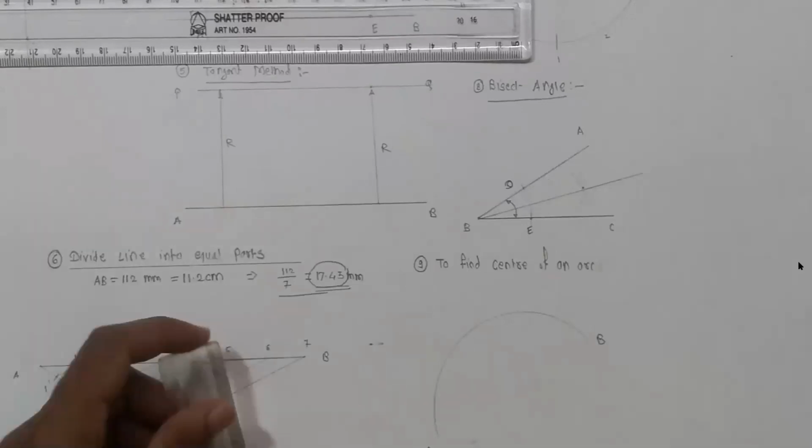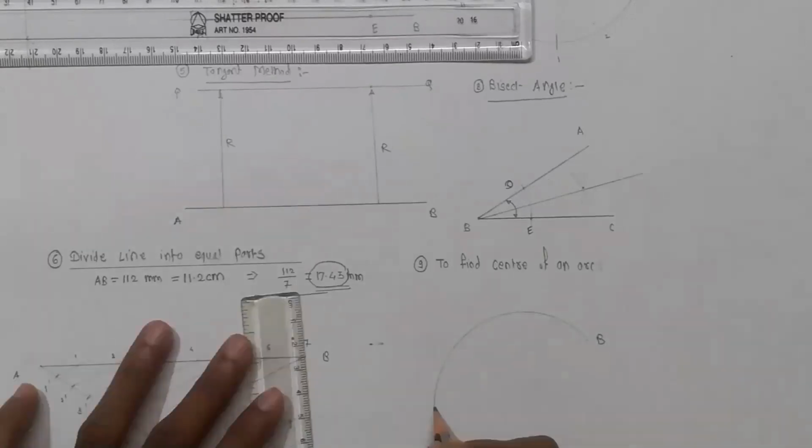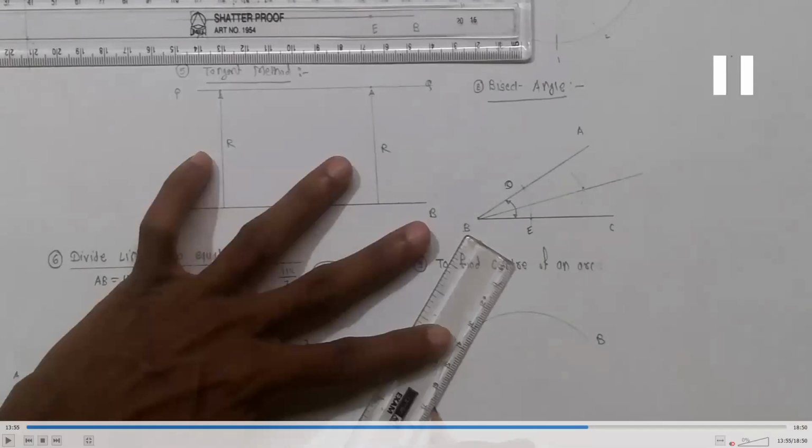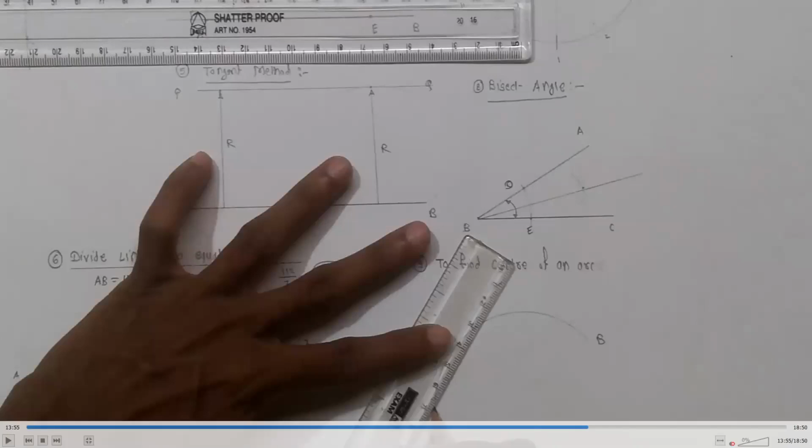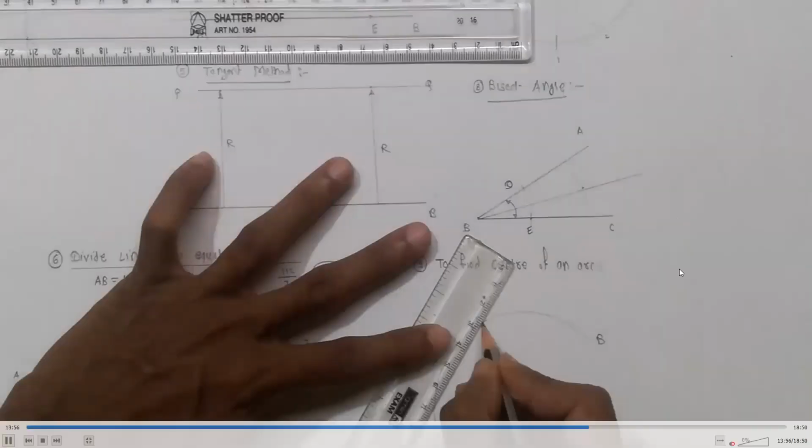So the next construction is to find the center of an arc. Suppose one arc is given and its center is unknown. The arc must be a circular arc. Then by using this method, we can find the center of that circular arc. To find the center, we have to draw two chords on this arc like this.